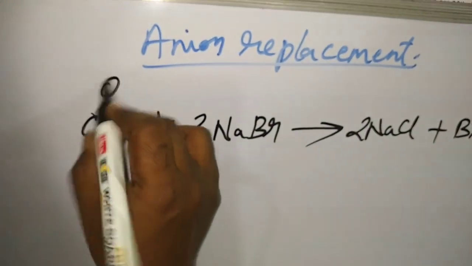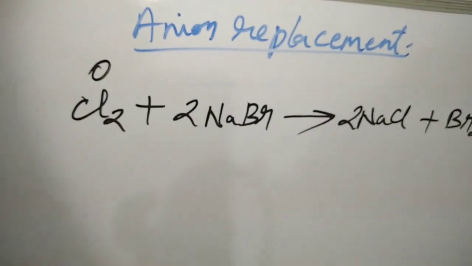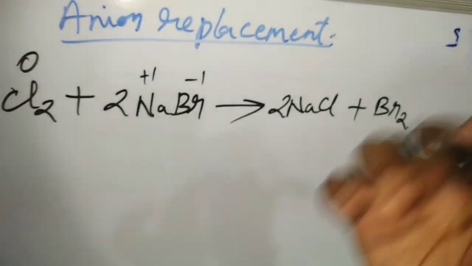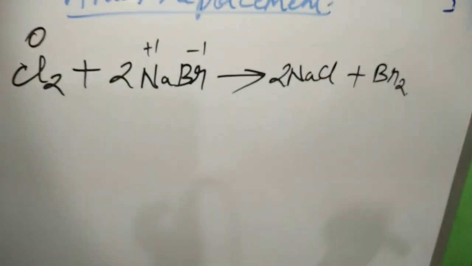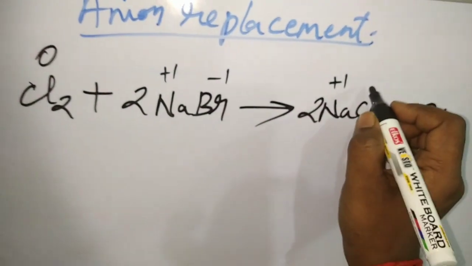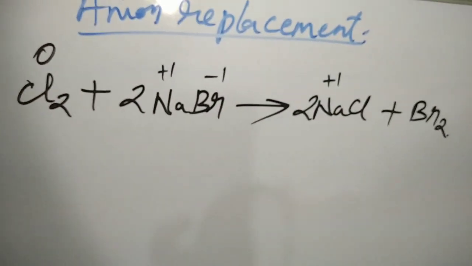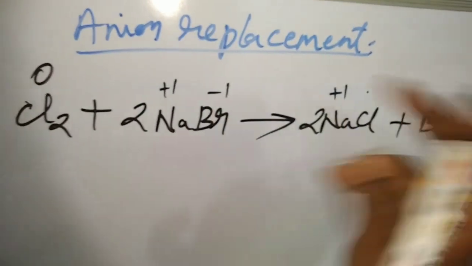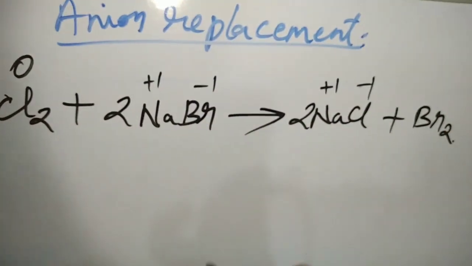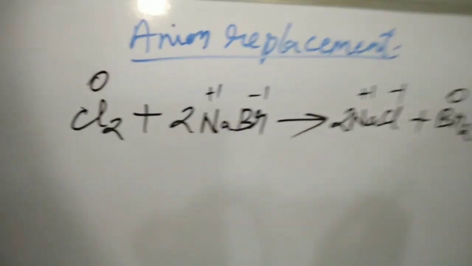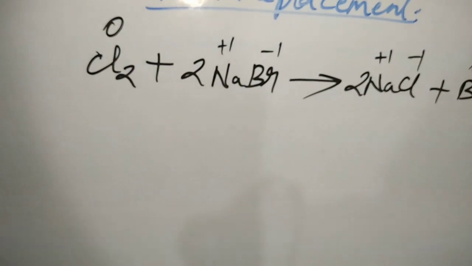Okay, students, now let's see how the anion replacement takes place. See, same, chlorine is 0, neutral, sodium is +1, bromine is -1. But on the product side, sodium will be the same, +1, and chlorine and bromine will change each other. The anionic replacement will take place. Chlorine will be -1, bromine will be 0. The same thing, nothing else.